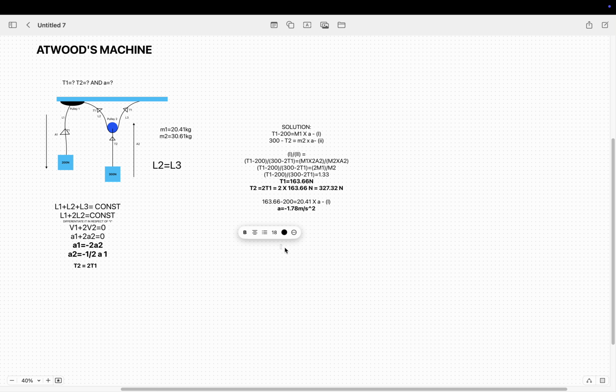You have to think from the very root point. So the conclusion is that the length might also be a factor in solving these Atwood's machine problems. The length might be a factor also.